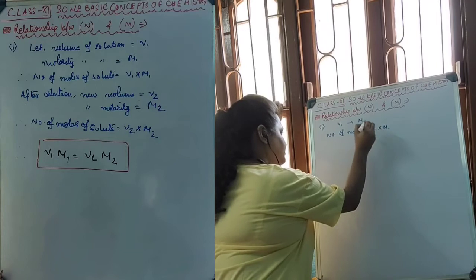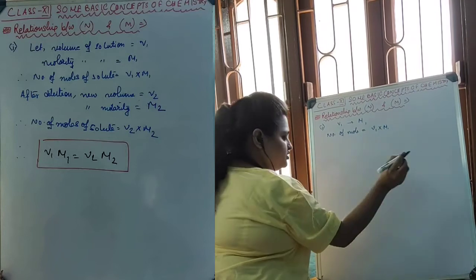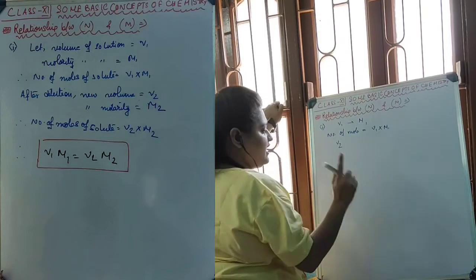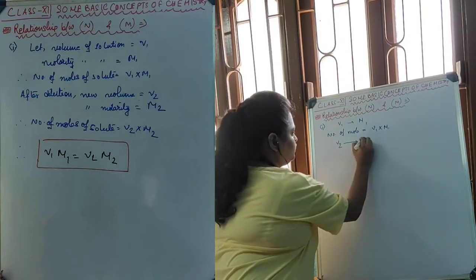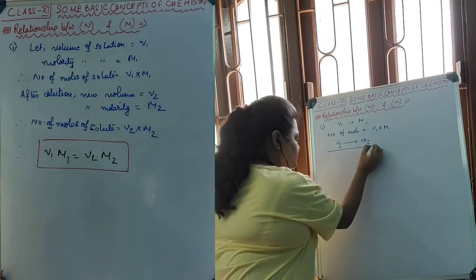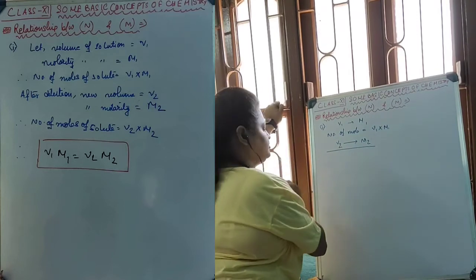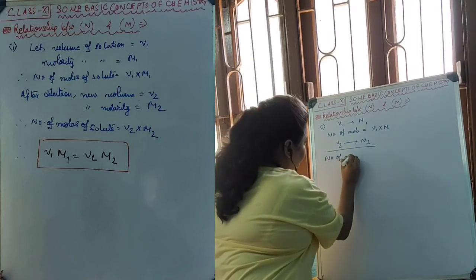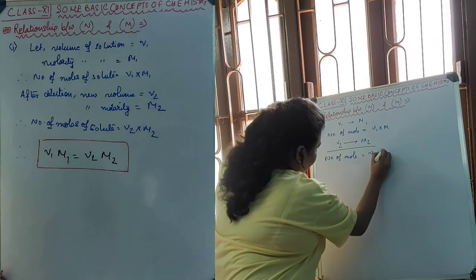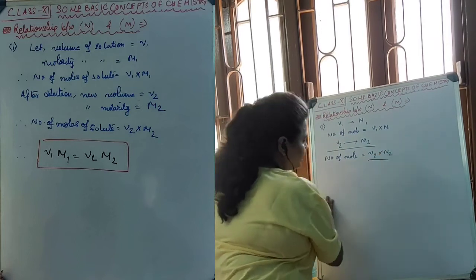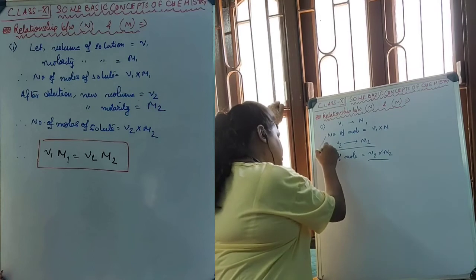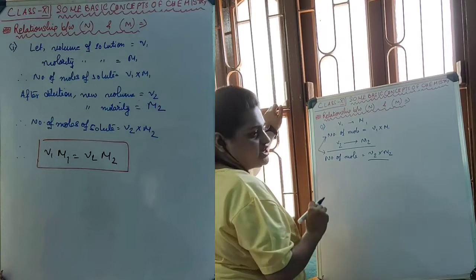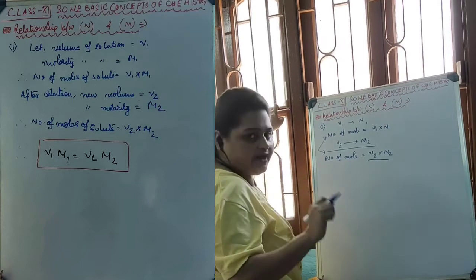Now let's dilute this solution, and the new volume of the solution will be V2, and the molarity will also change to M2. In this diluted solution, the number of moles will be represented by V2 multiplied by M2. Now in both solutions, the number of moles of solute was not changed, only the dilution happened.